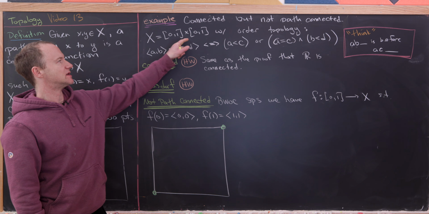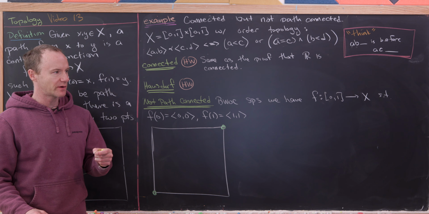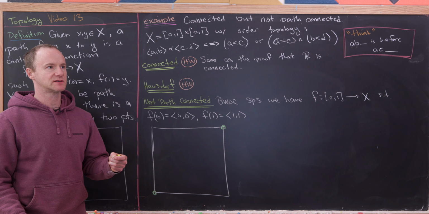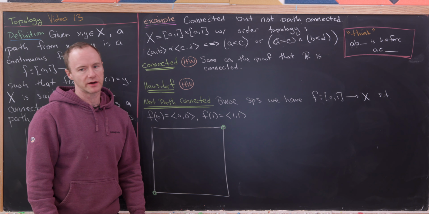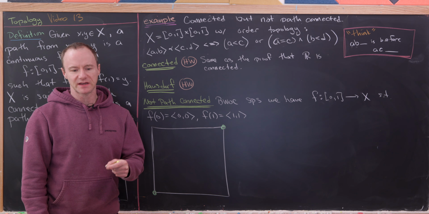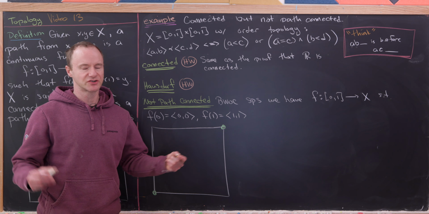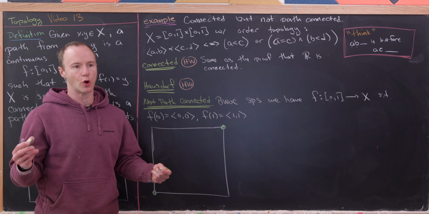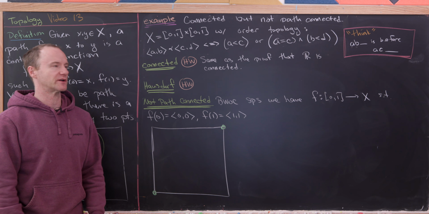This makes the unit square something called a linear continuum, and showing that a linear continuum is connected is essentially the same thing as showing that R is connected. And that's because if you've got a linear continuum, then essentially the basis for the topology is just open intervals, so it acts just like the real numbers.